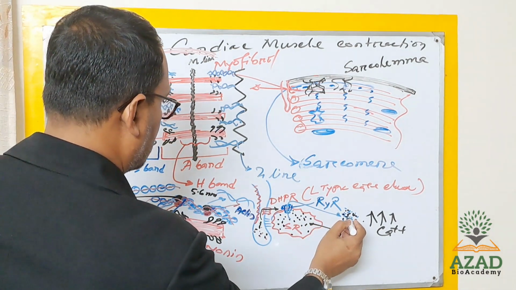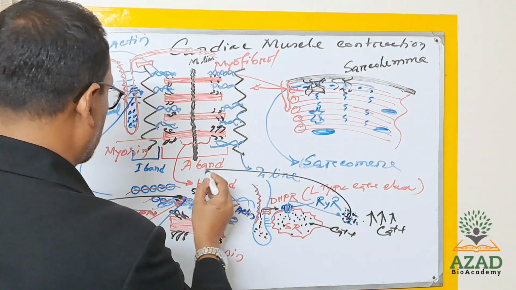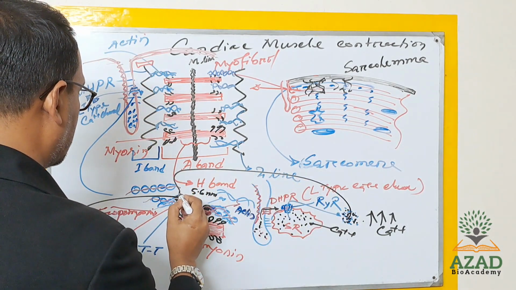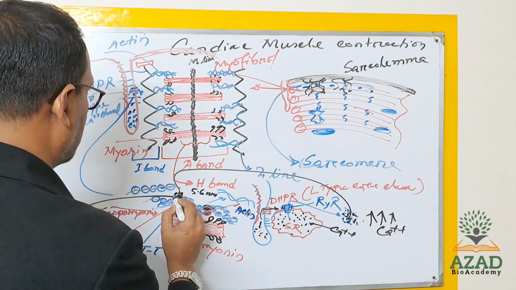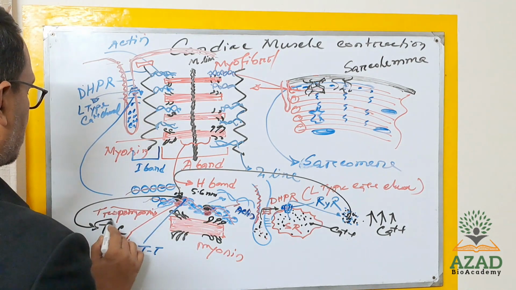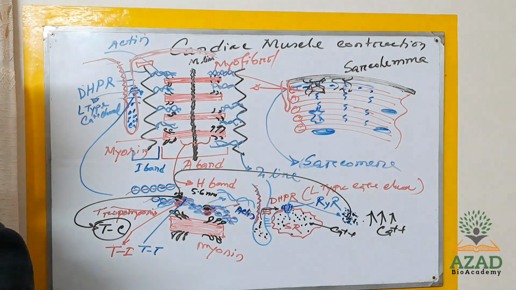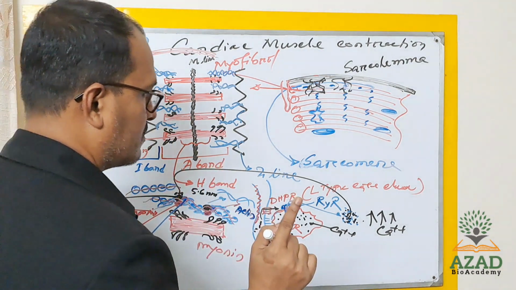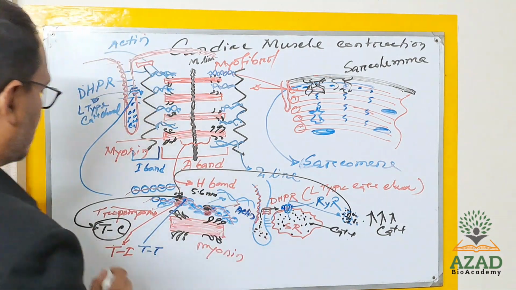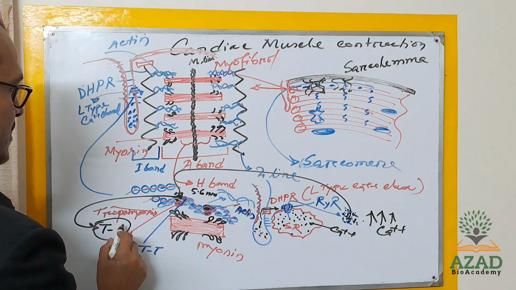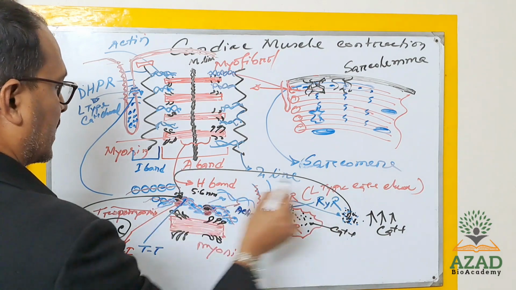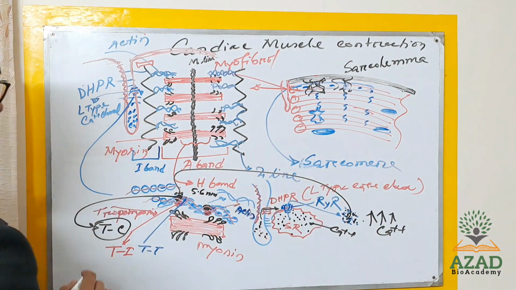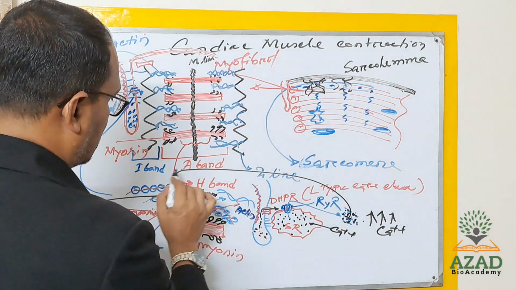Calcium will come here to bind with troponin C. If you want to remember it very easily, consider C as calcium: calcium-binding troponin C. Calcium will bind with troponin C and change the conformation of the complex.